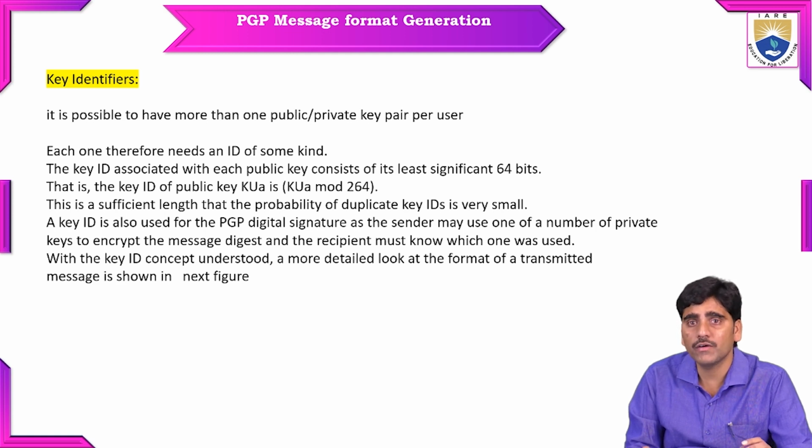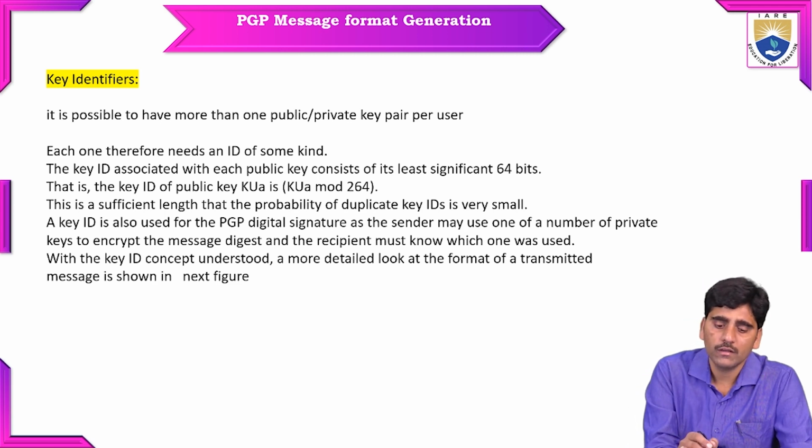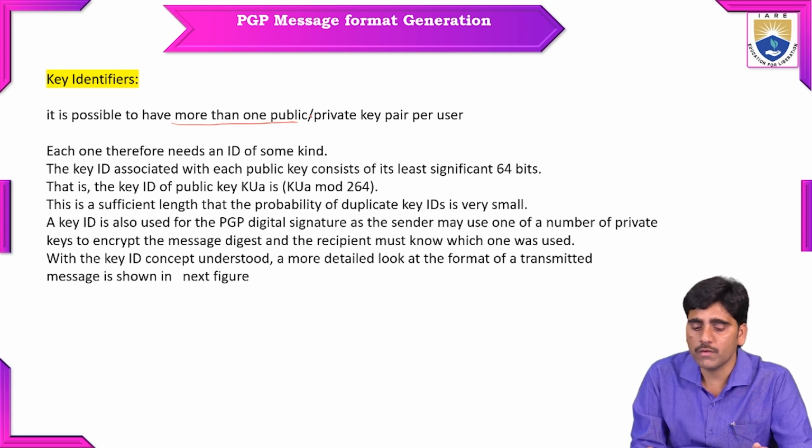Key identifiers indicate that IDs are maintained for the public and private key pair per user. Here it is possible to have more than one public or private key pair per user. Yes, it is possible to maintain one or more public-private key pairs.